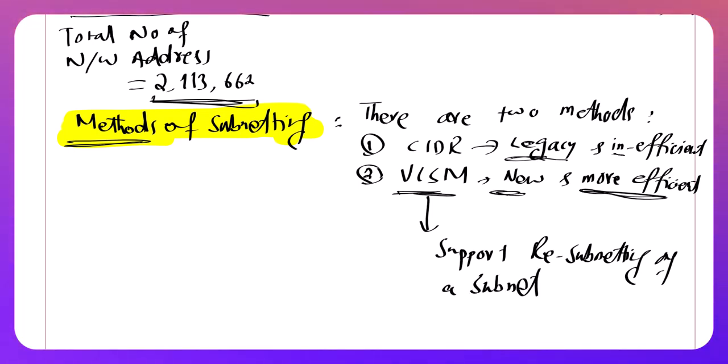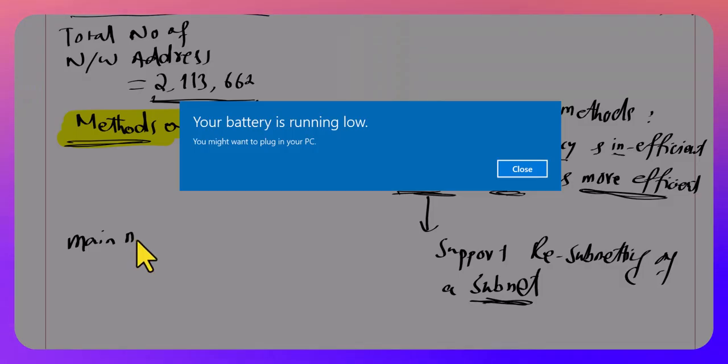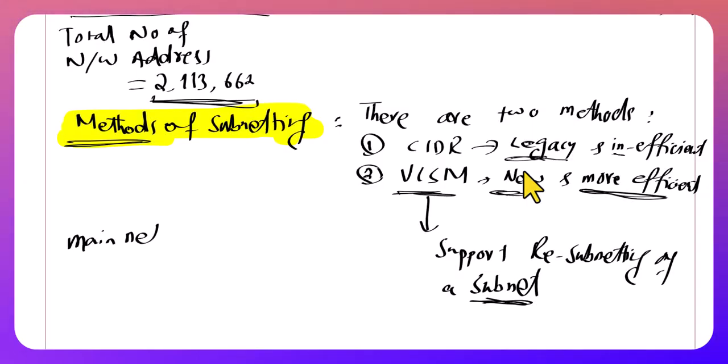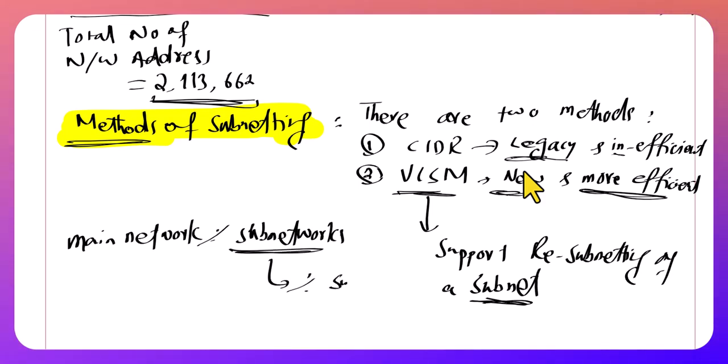Once we divide the main network into subnetworks, these subnetworks can be divided again into subnetworks. That's why it's more efficient: it supports resubnetting of a subnet to further decrease the number of host addresses per network. But don't worry, we will have a detailed discussion about CIDR and VLSM.